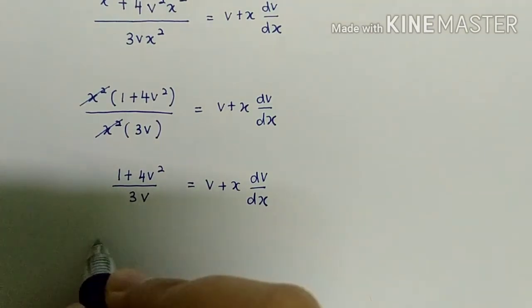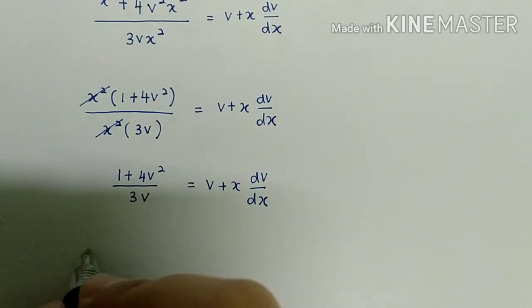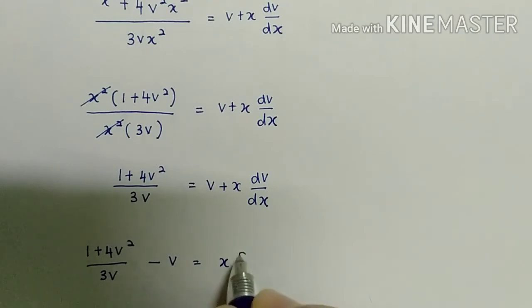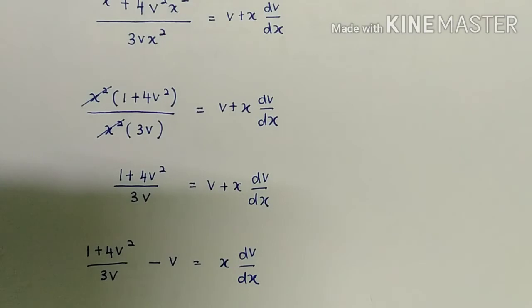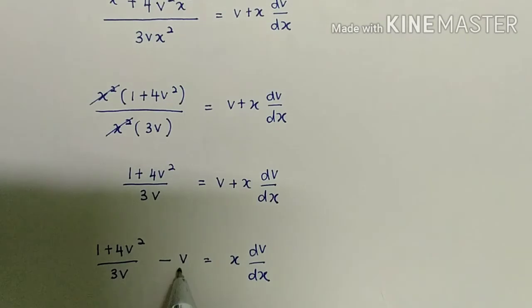We can move the positive v at the right side to the left side, so we get 1 plus 4v squared over 3v minus v equals x dv/dx. Then we can simplify the left side here. The v here is actually divided by 1.